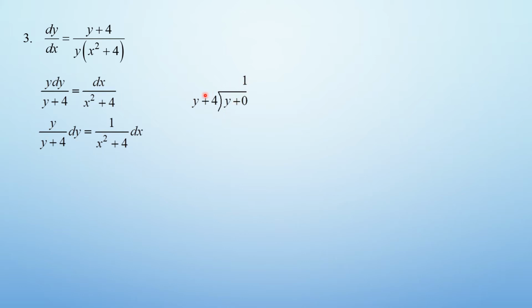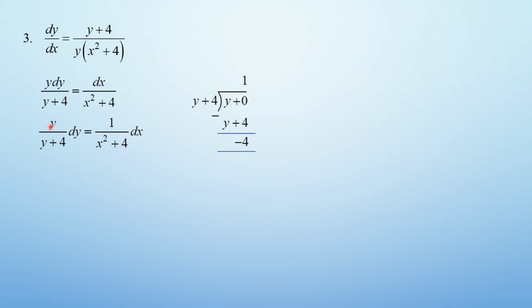So 1 times y, we get y. At the same time, 1 times 4 is 4. So we get 1 times (y + 4) is y + 4. And we know the basic technique of applying this division. We have to take away this top part here with the one below here. So y minus y is 0. 0 minus 4 is negative 4. So this is the remainder of the division.